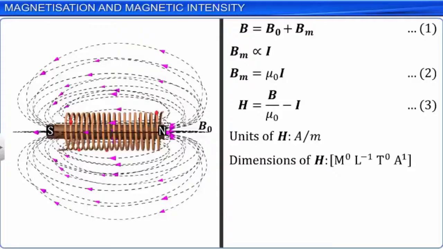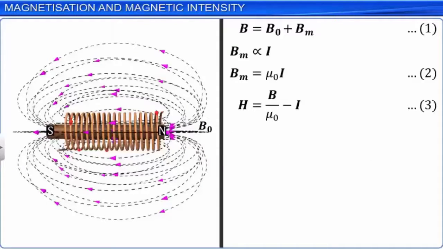On rearranging the terms in equation 3, we get the total magnetic field inside the material B is equal to mu0 into I plus H. Let this be equation 4. Now, the total magnetic field inside the material is redefined in terms of I and H. That is, the external magnetic field applied on the material, represented by H, and the magnetic field due to the magnetization of the material, represented by I.